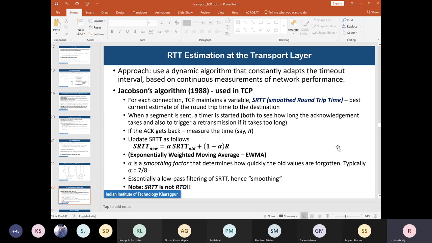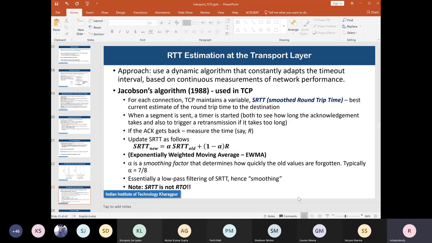Now, how does he do it? Well, first of all, for each connection, TCP maintains a variable called SRTT, smoothed round trip time, which is the best current estimate of the round trip time to the destination. It is basically the round trip time, only that it takes a little bit of history into consideration.